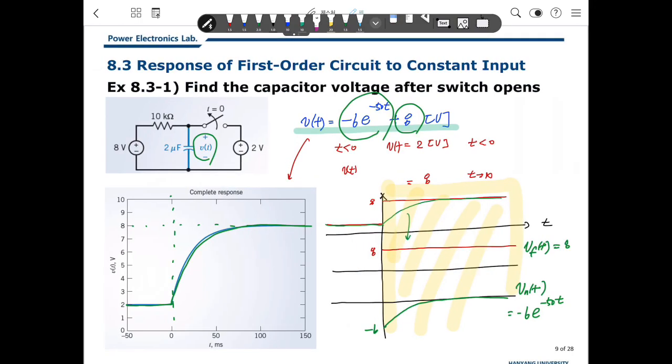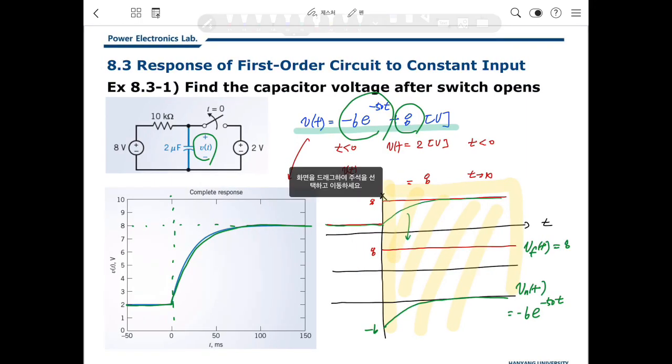When we need to know the solution over here, we already got that solution with those values.